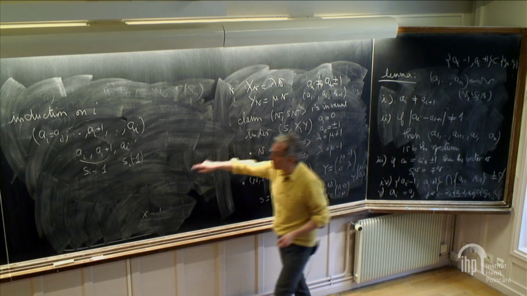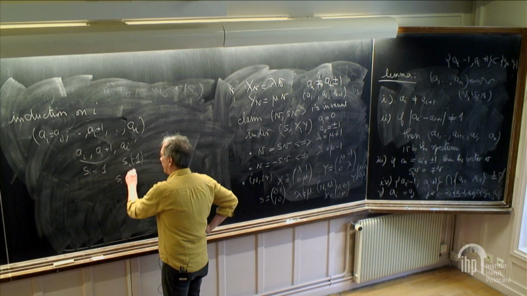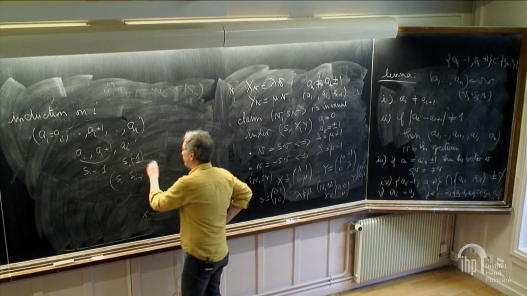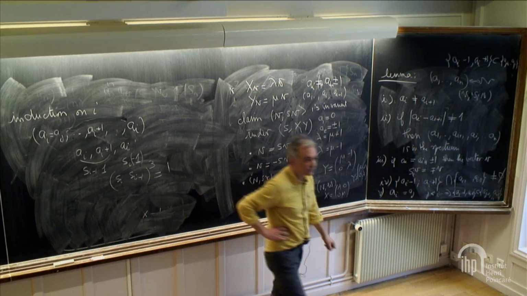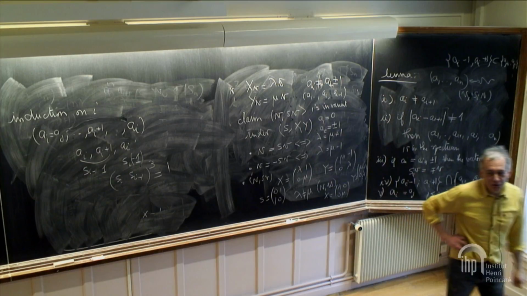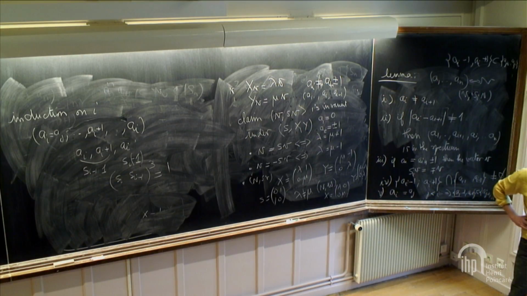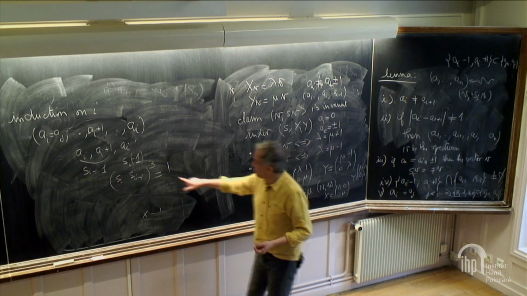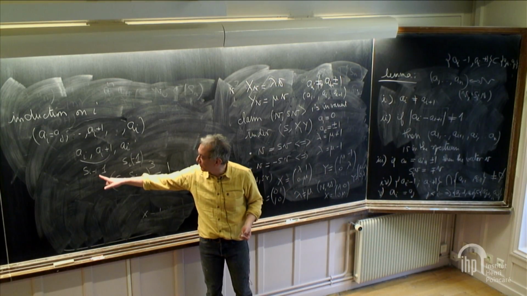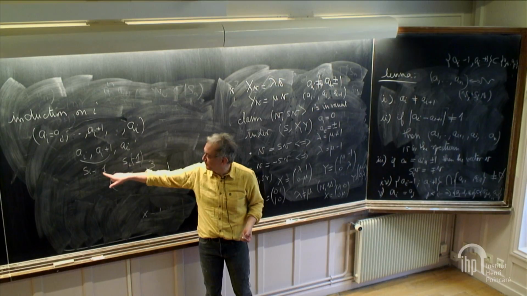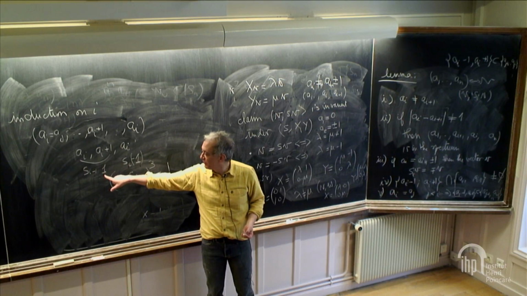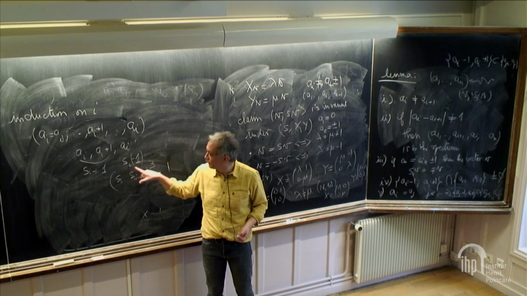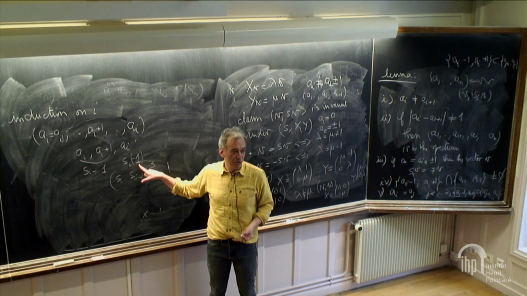But this is not possible because (s_{i-1} s_i) to the third is equal to 1. The product of two transpositions like that is a 3 cycle. So if I put it to the third, it's equal to 1. But then the vector, if it is an eigenvector, cannot be simultaneously 1 for this one and minus 1 for the other, because minus 1 to the third is equal to minus 1.